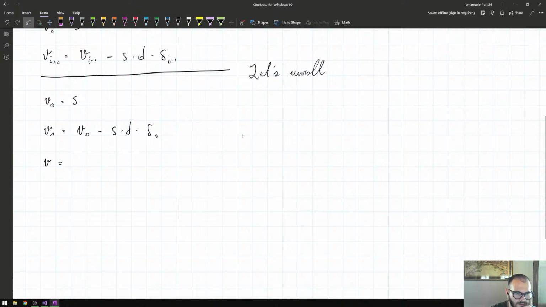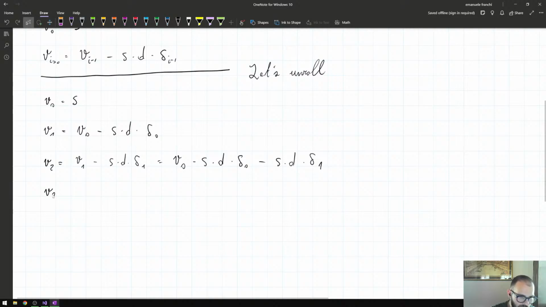That is that V2 is V1 minus S D delta 1, which is V0 minus S times D times delta 0 minus S times D times delta 1.